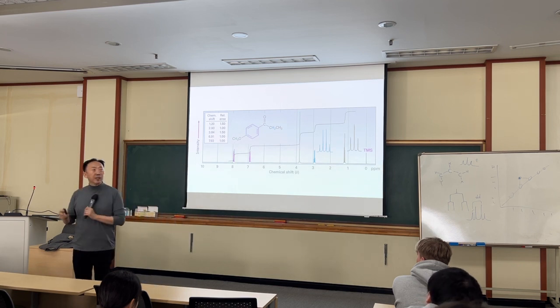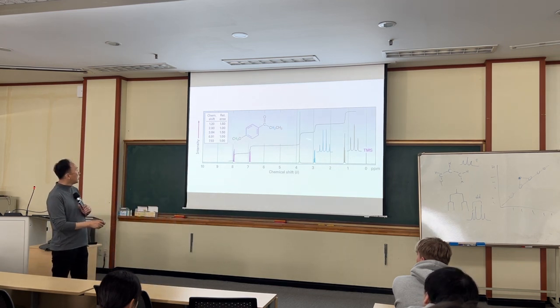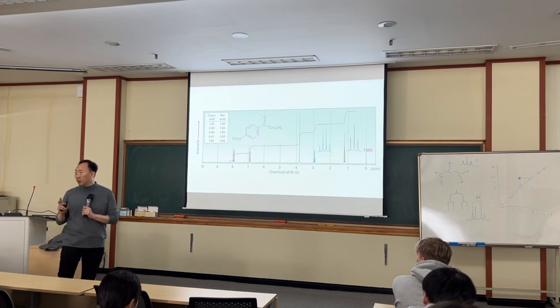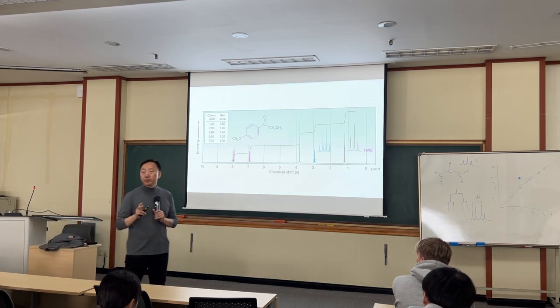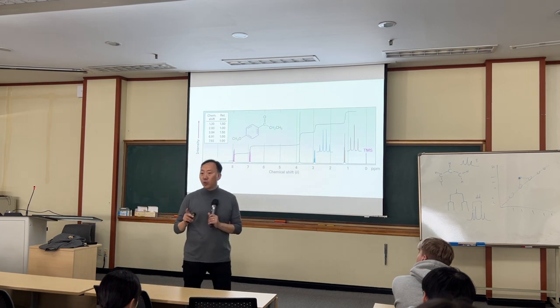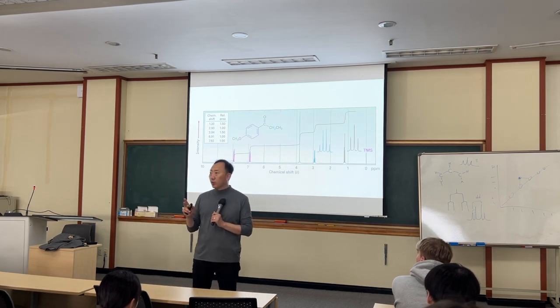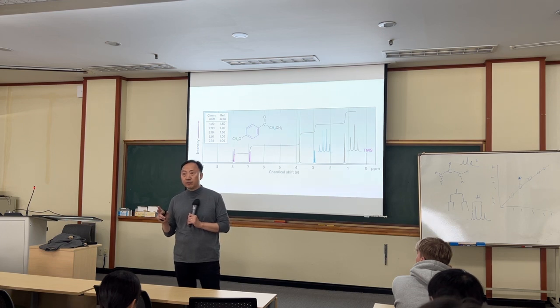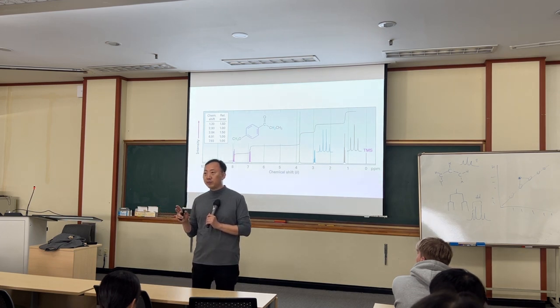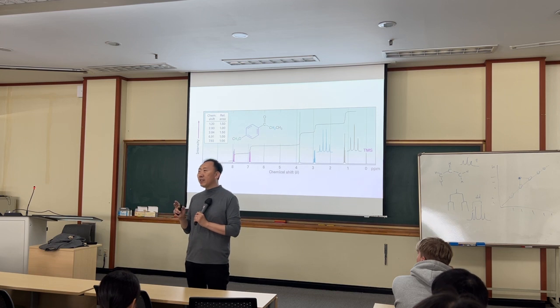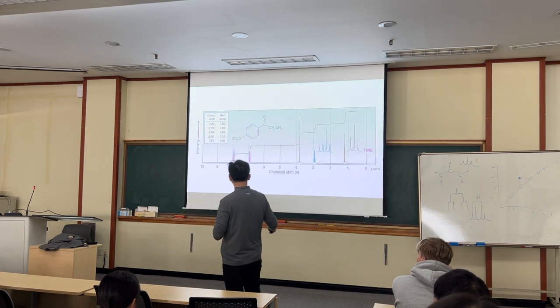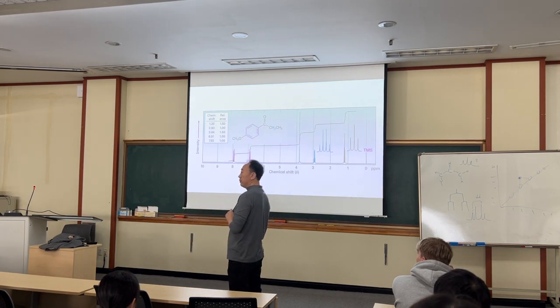Okay? After these two are done, here, aromatic compounds. Now, in this aromatic compound, how many different protons are there? Only 1? Or 2? Or 3? Or 4? How many different? 3? How can you count the 3? We have 1, 2, 3, 4 protons, right?